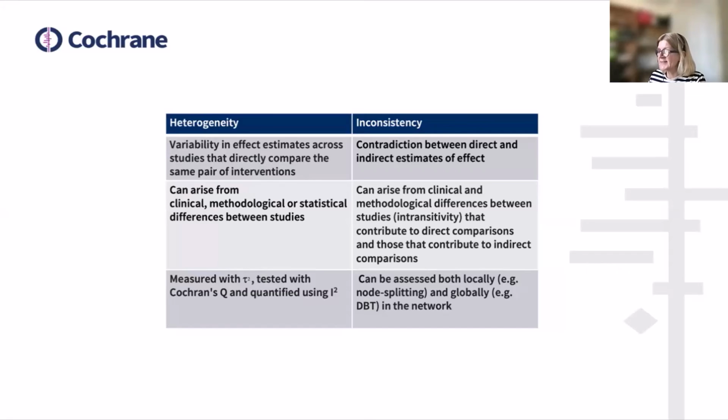It is measured with statistics such as tau squared, Cochran's Q, and I squared. As explained in the presentation, inconsistency refers to differences between direct and indirect estimates of effect and can arise from clinical and methodological differences between direct and indirect estimates. It is measured locally and globally by tests such as node splitting and design by treatment interaction tests.